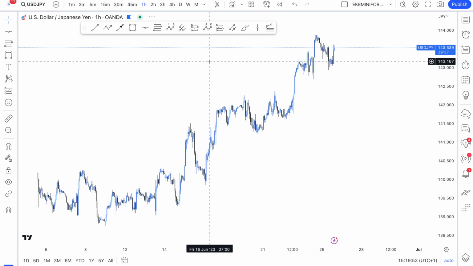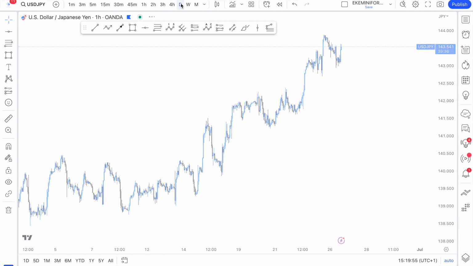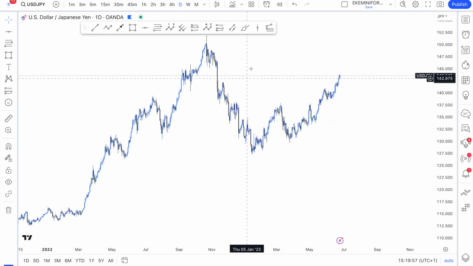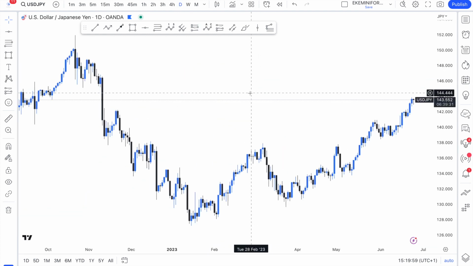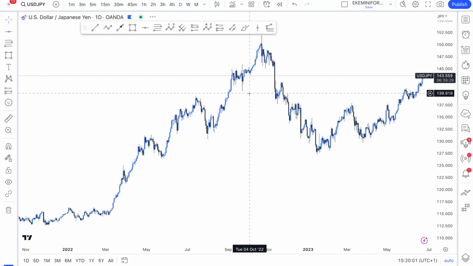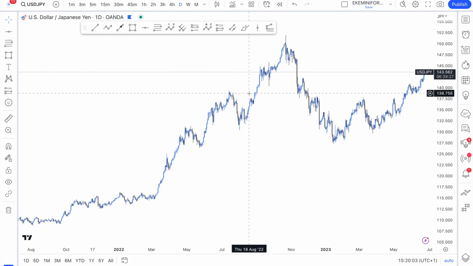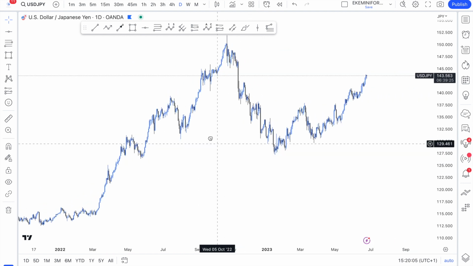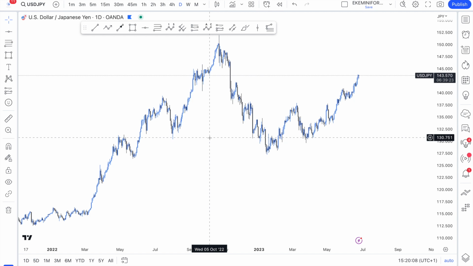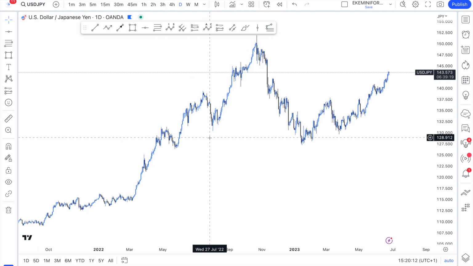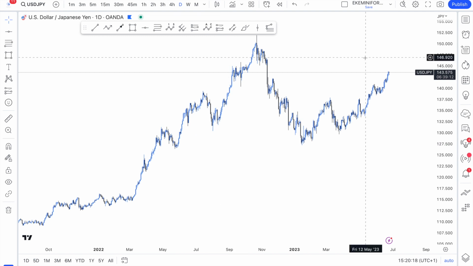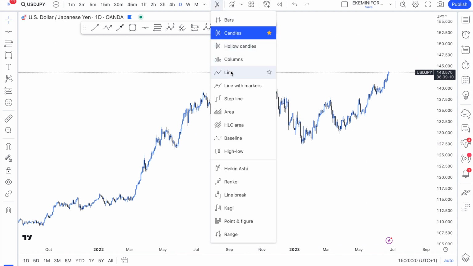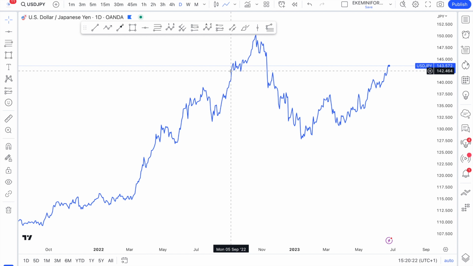So guys, the first thing I did was to go to the daily time frame. Normally I love to follow the momentum of the market. I love to go with the flow, with the big move of the market. So basically I zoomed out, and what I did was to put it on a line view.